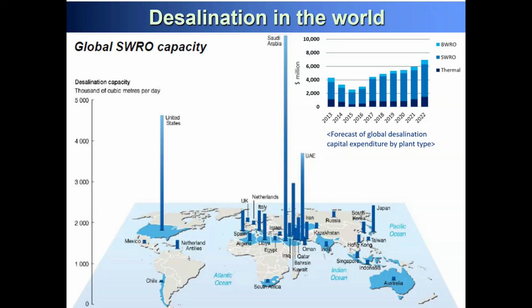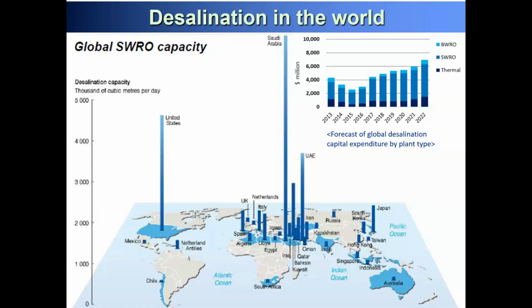That's the reason why it's not only about drought due to climate change, but also the increasing number of people. And we have to figure out water resources. And the desalination market keeps increasing.